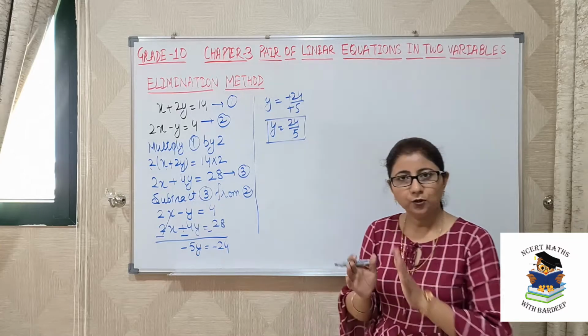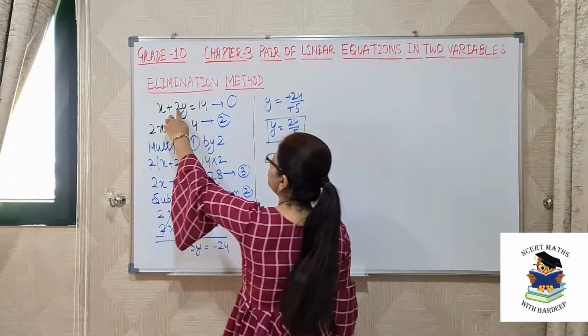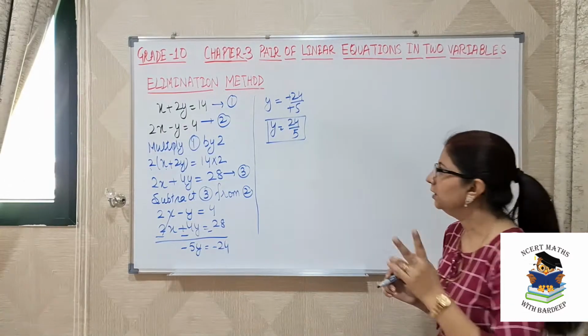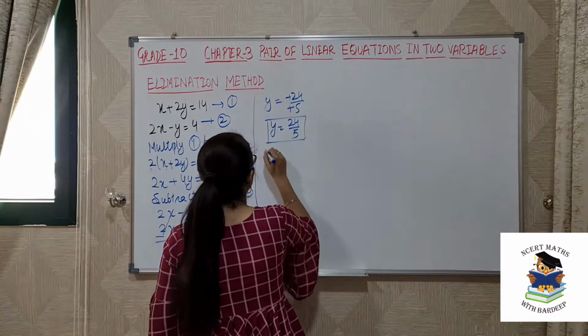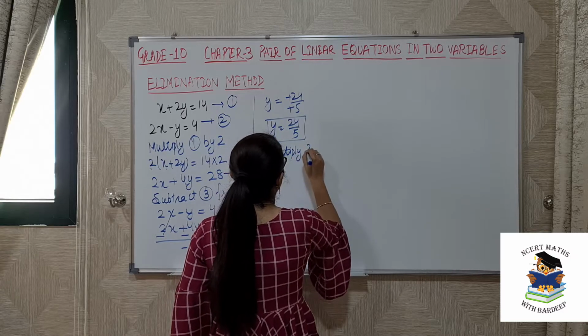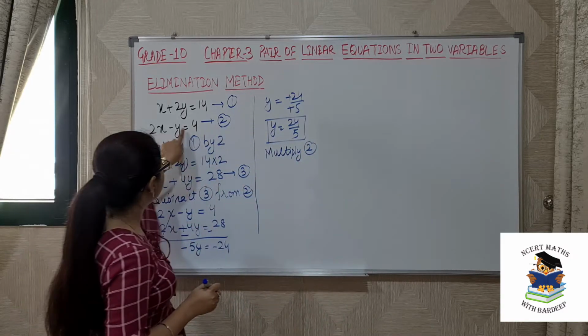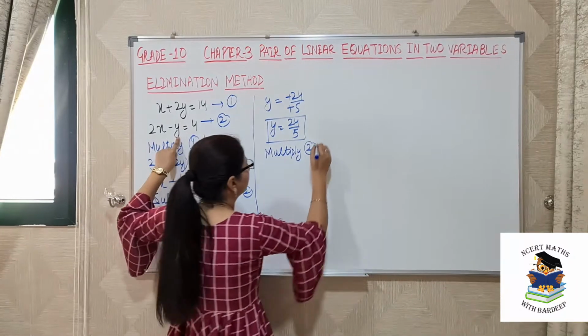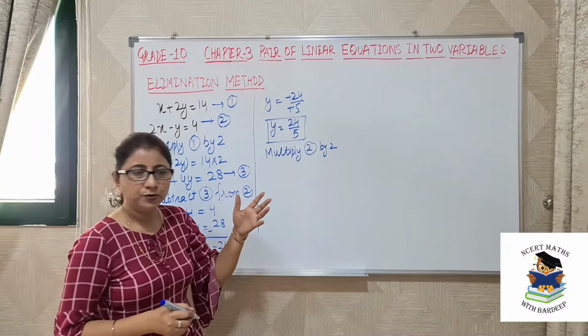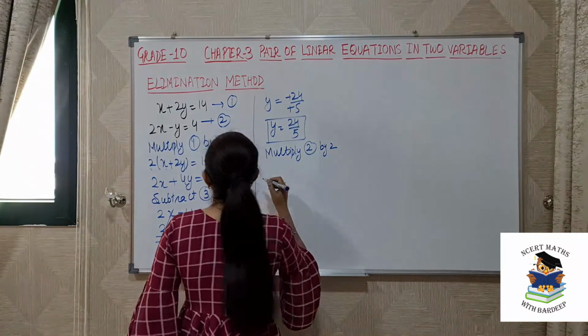Now I will make y same. So y is 2 here and 1 here. So again I will multiply the second equation with 2. And 1 is same because we need 2. Okay, so no need to write it further.